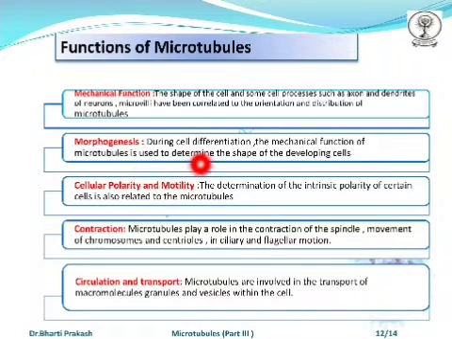Morphogenesis: during cell differentiation, the mechanical function of microtubules is used to determine the shape of the developing cells. Then cellular polarity and motility: the determination of the intrinsic polarity of certain cells is also related to the microtubules.